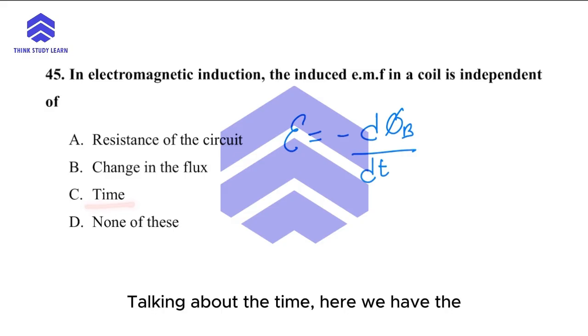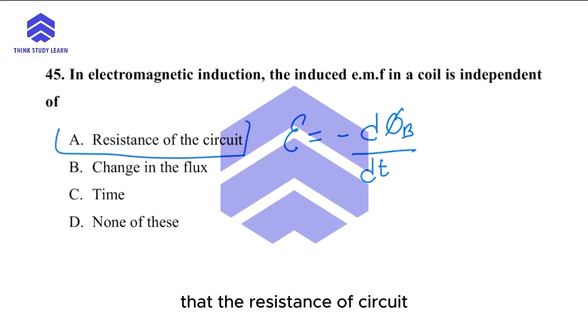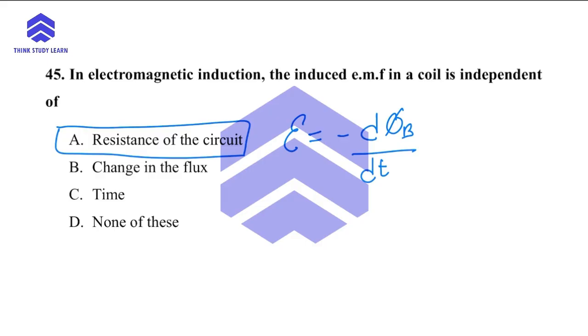Talking about the time, here we have the time. So we can also say that it is not independent of the time. At last, we have the resistance of the circuit. In this formula, we don't see the resistance. Hence, we can say that the resistance of the circuit is the correct answer, which is option A.